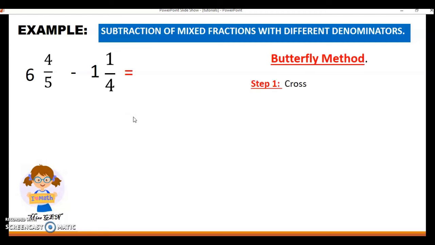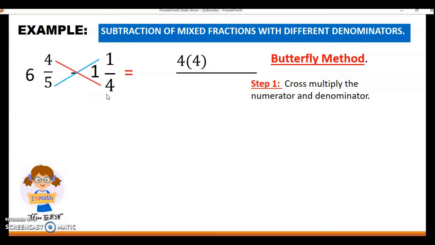Step 1, cross multiply the numerator and denominator. So here in our first fraction, we have 4 over 5, and our second fraction is 1 over 4. So we will cross multiply 4 and 4 and 5 and 1. So 4 times 4 minus 5 times 1 over 20.